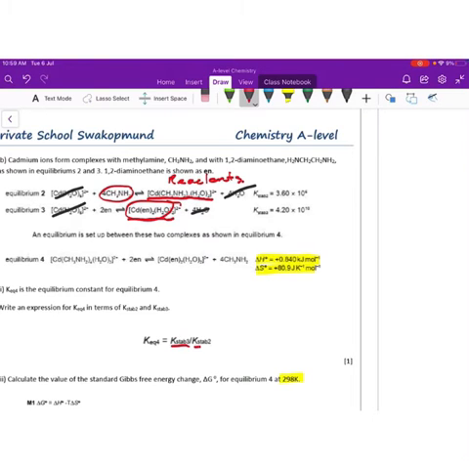So it's products over reactants, and remember that's my stability constant 3 over my stability constant 2.